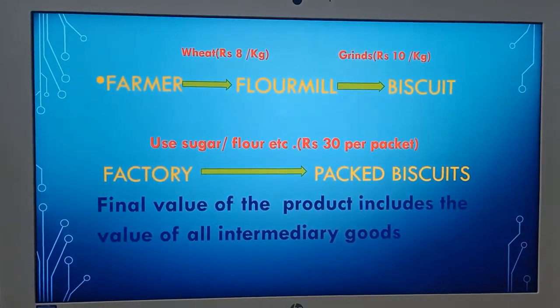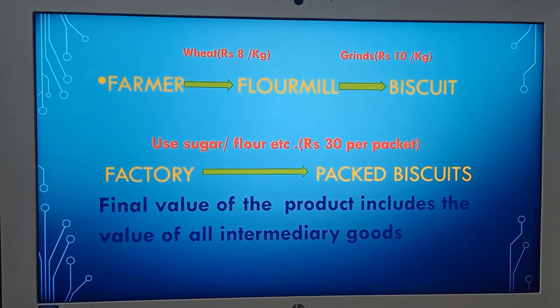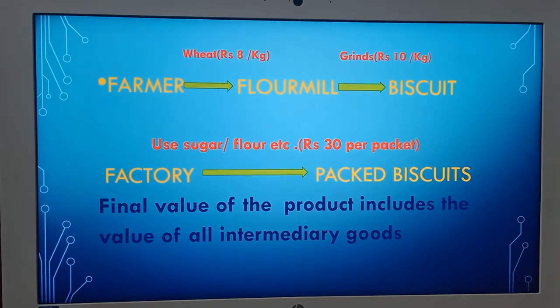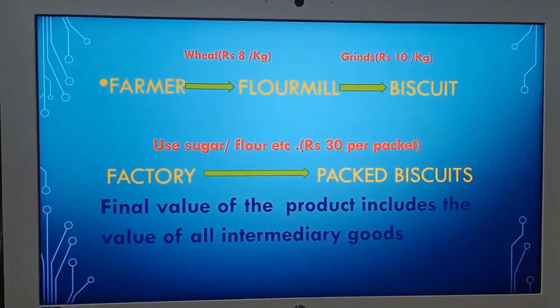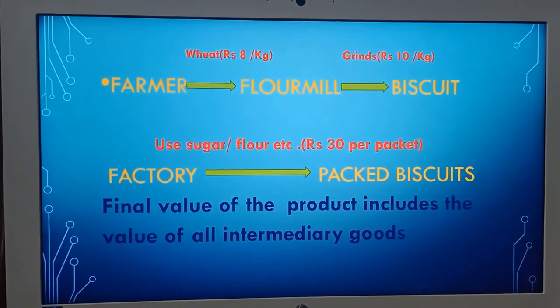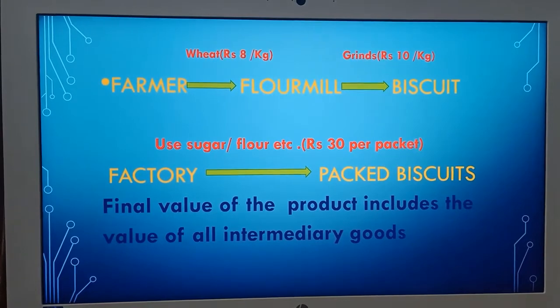The farmer supplies the wheat to the flour mill at the rate of rupees 8 per kg. The flour mill grinds the wheat and provides it to the biscuit factory at the rate of rupees 10 per kg.